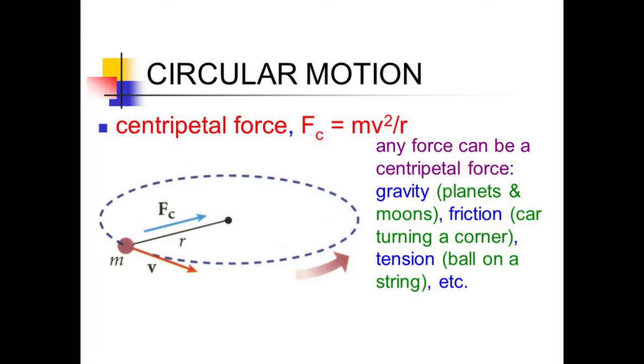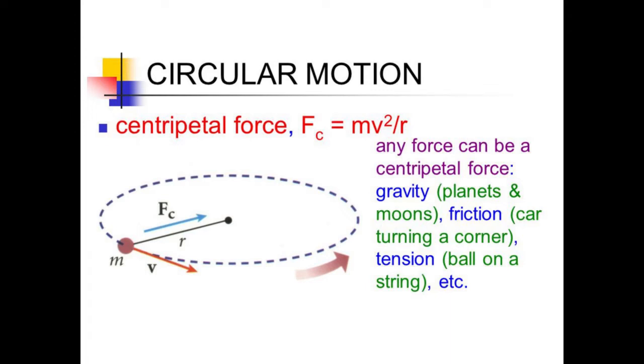And any force can be a centripetal force, say gravity, which connects the planets, the moons, the stars and all, like we are connected to the sun, the moon is connected to the earth. Even the friction, when a car is turning on a road, provides the necessary centripetal force so that the car doesn't slip or go away from the track.